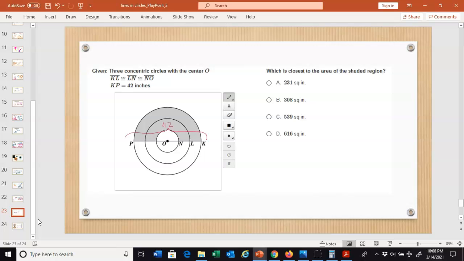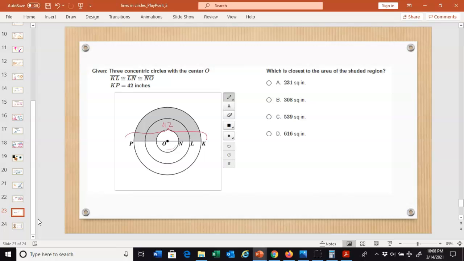So there are probably a few ways to do this. I first see, let's find the area of half the circle and then try to subtract out the area of the inside circle. You could try to do that. Actually, we might not even have to do that. Let's just see.